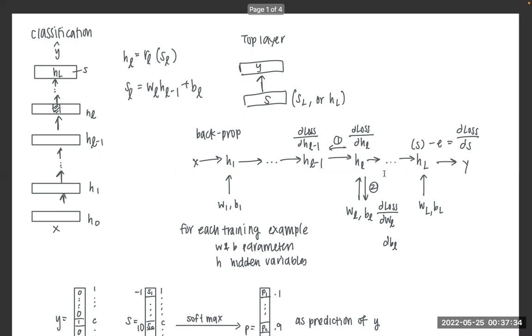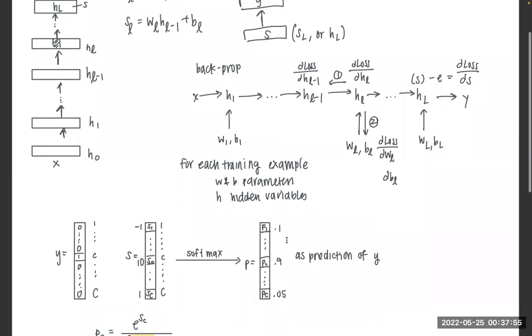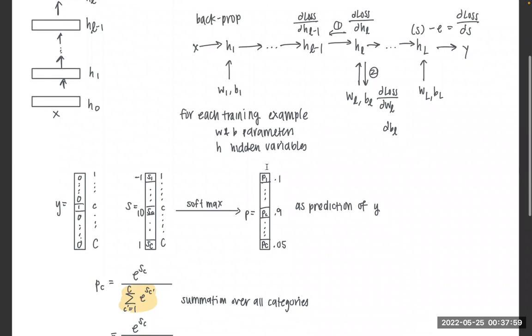Here we use a multi-layer perceptron, but it can be more complex. But whenever you want to generate a word, you need to compute the 10,000 dimensional vector of logit scores, then use the softmax transformation to transform it into a 10,000 dimensional vector of probabilities, and then you generate the word.